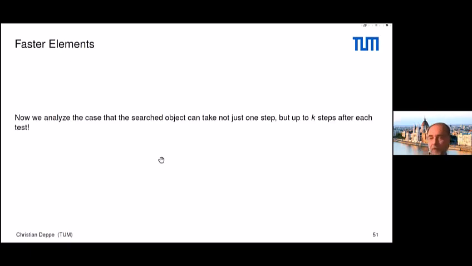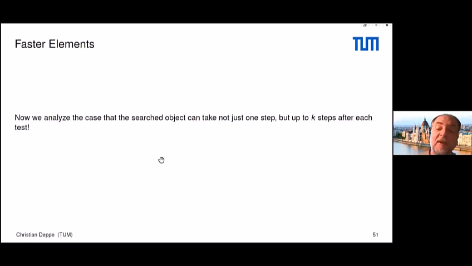Now what we do next is we ask what happens if the search element can take not just one step, but up to k steps after each test. So that means now the element is allowed to move k steps after each question. So it can again stay at the same point, it can move again one step, but it can move k steps.